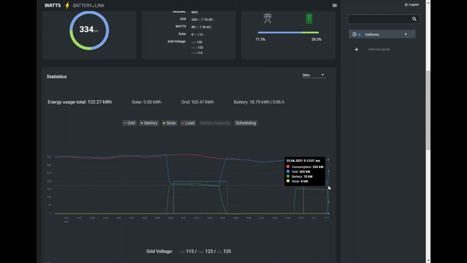So now we're reaching 5:12 a.m. and it's time for our schedule to stop.